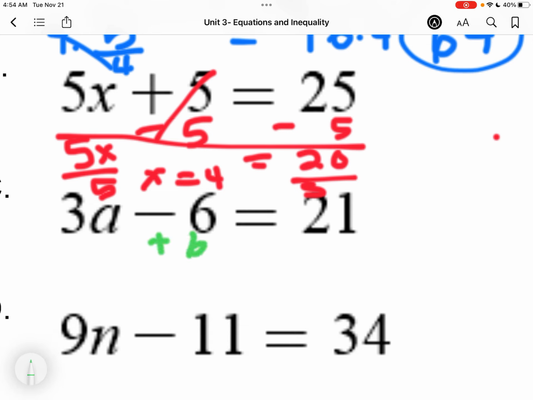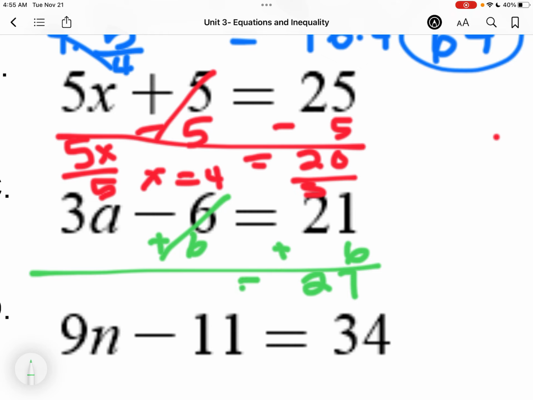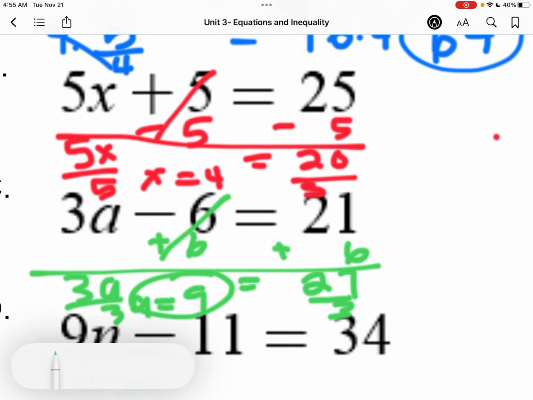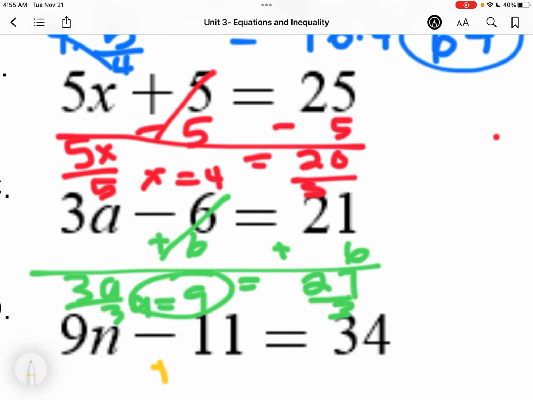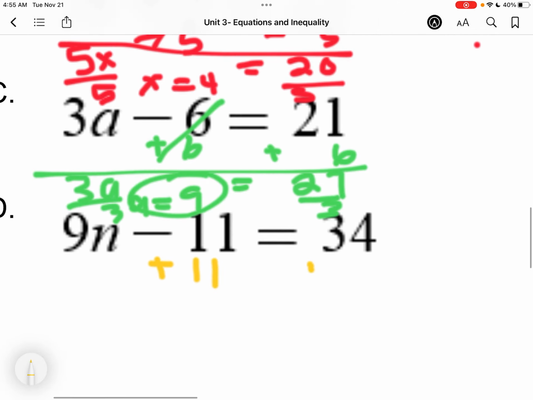Add 6 to each side. A equals 9. Add 11 to each side.